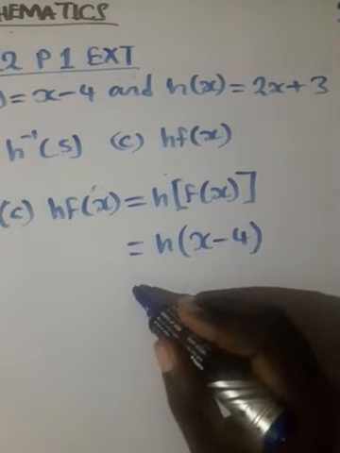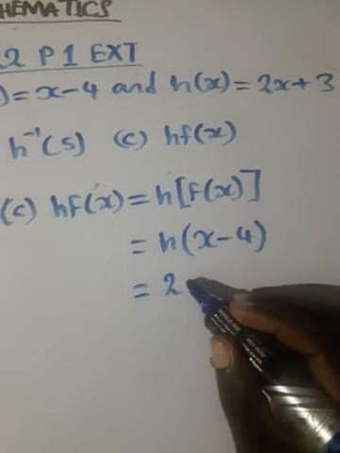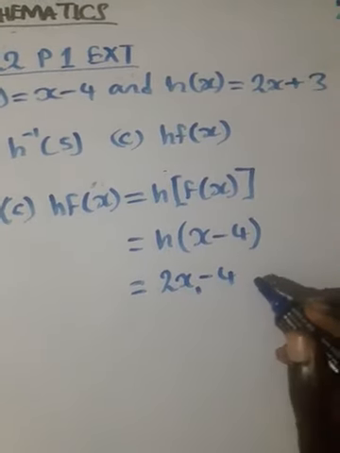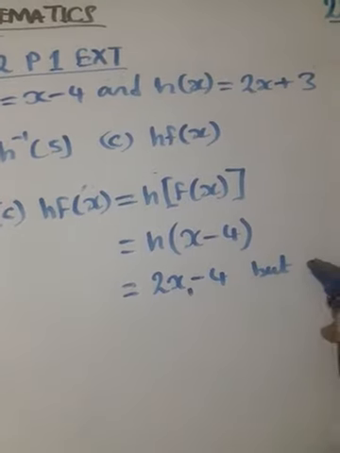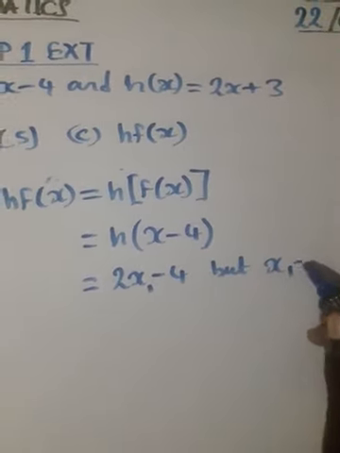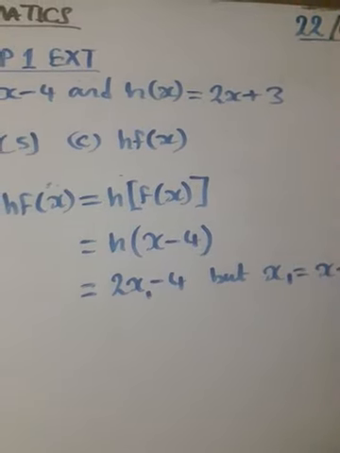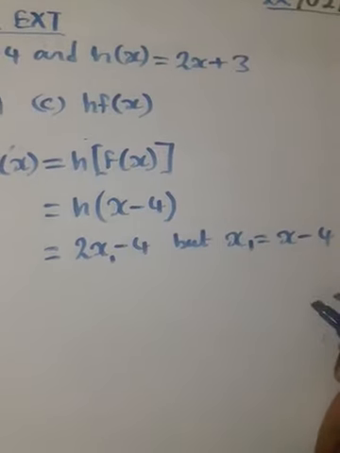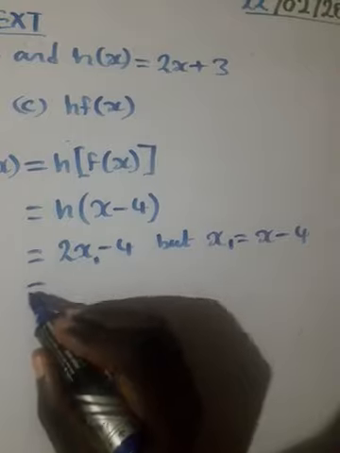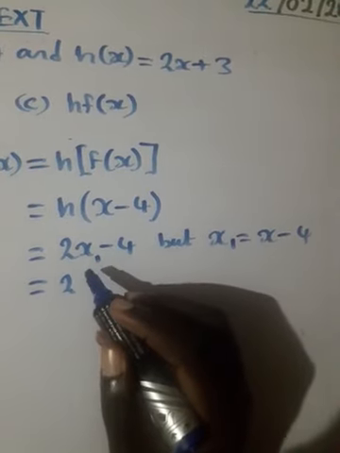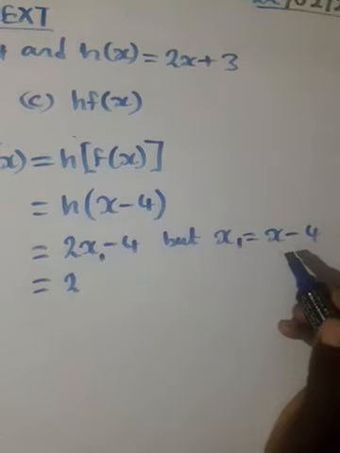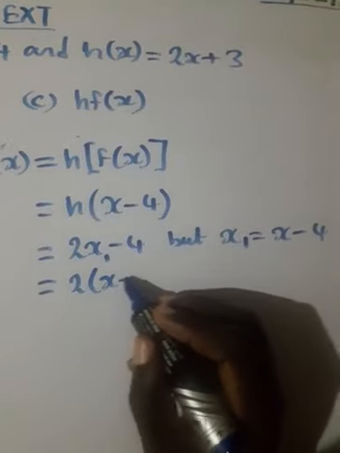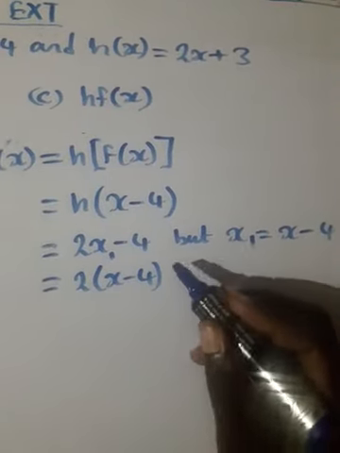So this one will be 2x1 minus 4, but x1 will be replaced with x minus 4. So this one will be 2, where there is x1, we are going to replace x minus 4.